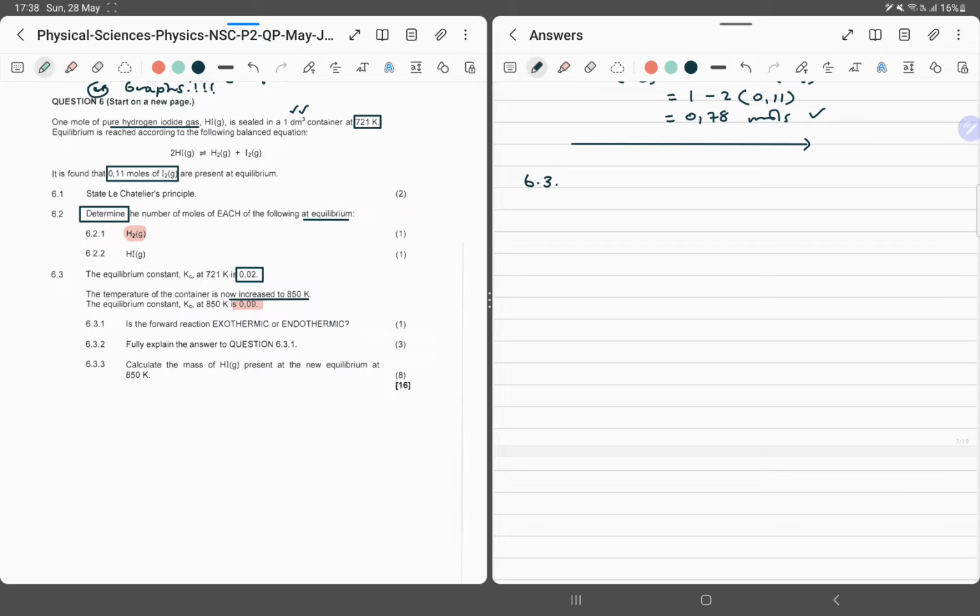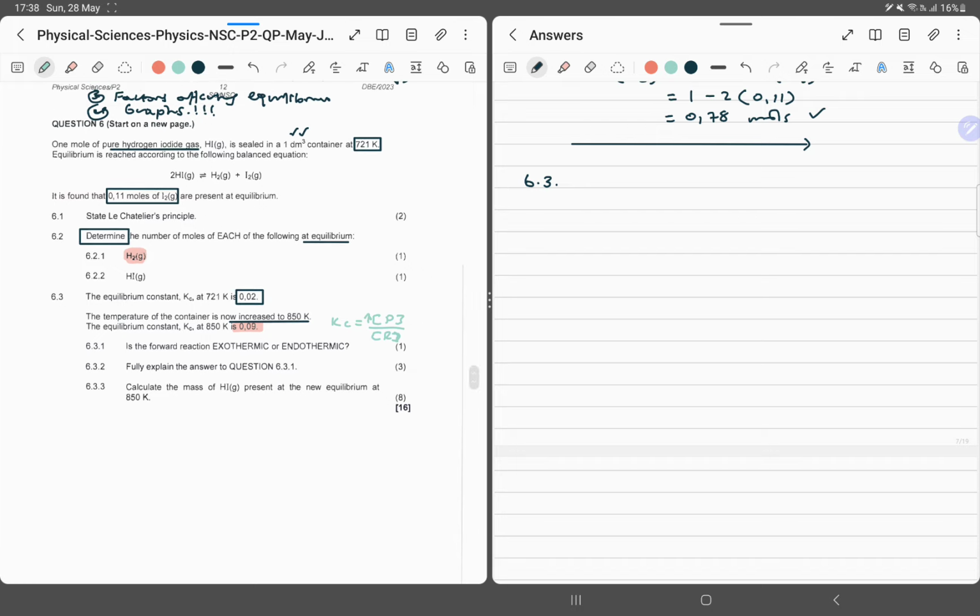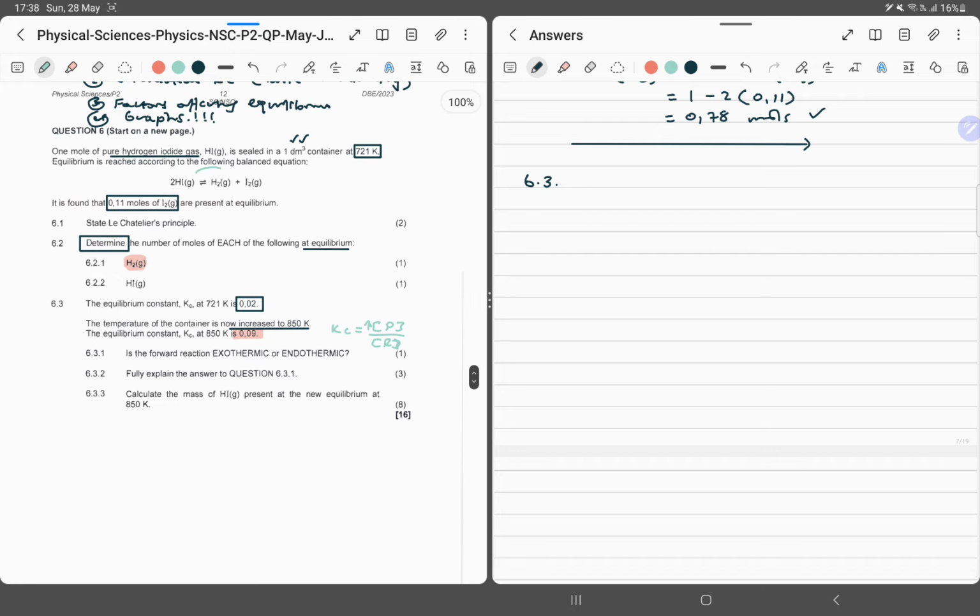So if Kc increases, knowing that Kc is the concentrations of the products over concentrations of the reactants, it means these ones increase when we increase the temperature. So essentially we are favoring the forward reaction.